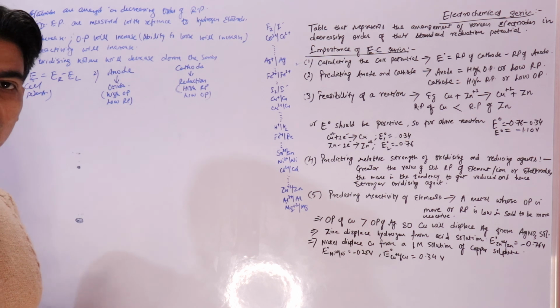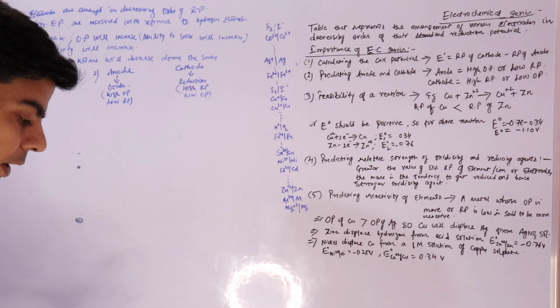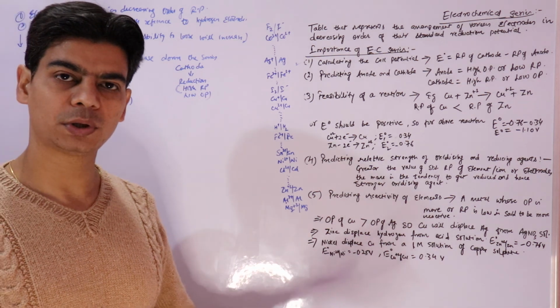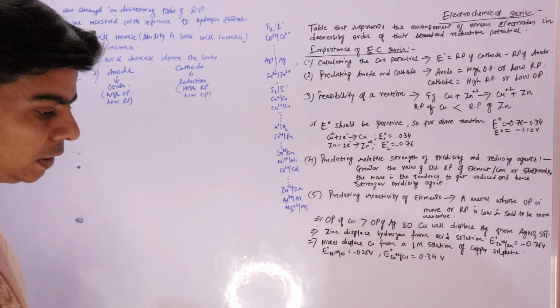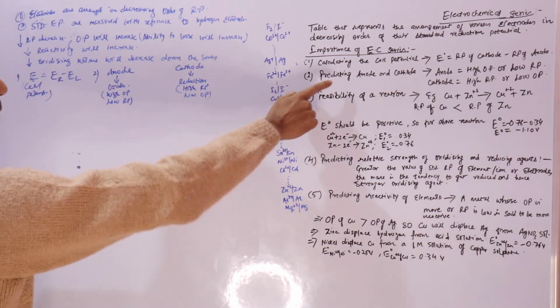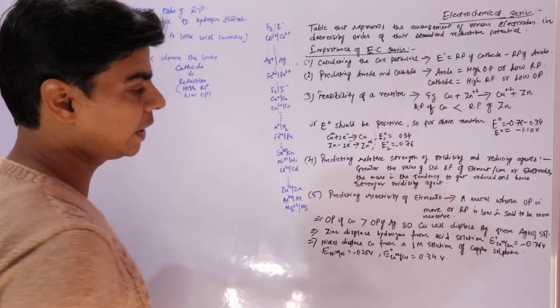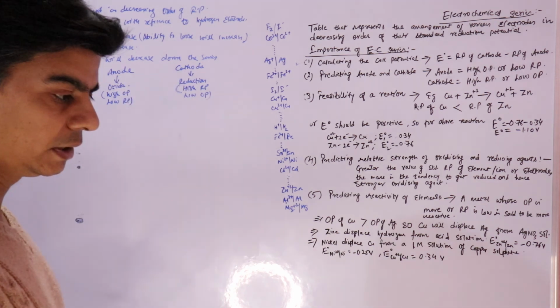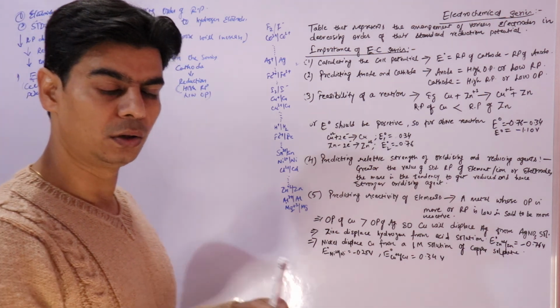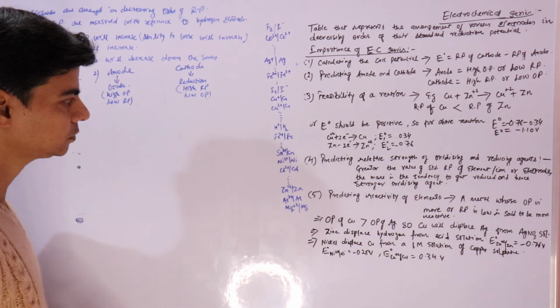In terms of oxidation potential, the anode has higher oxidation potential and the cathode has lower oxidation potential. Remember this: higher reduction potential is cathode, lower reduction potential is anode.